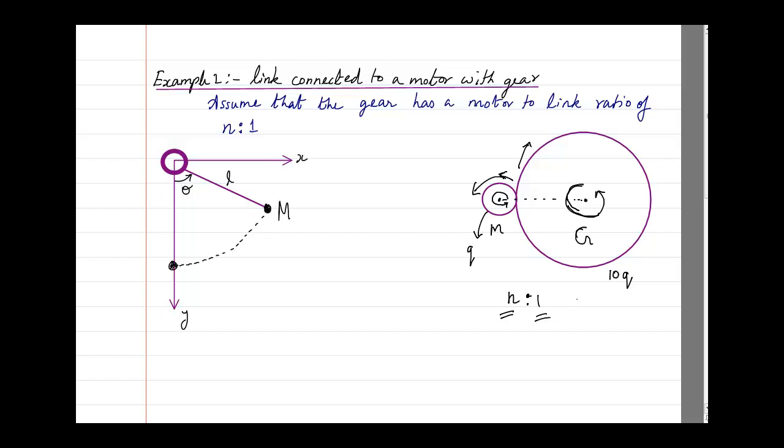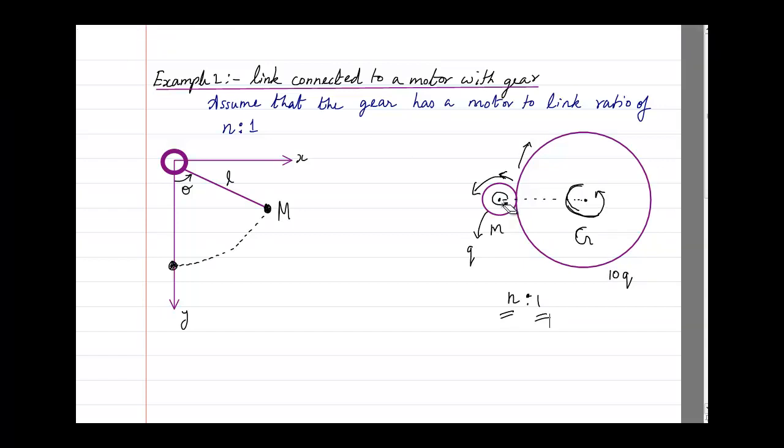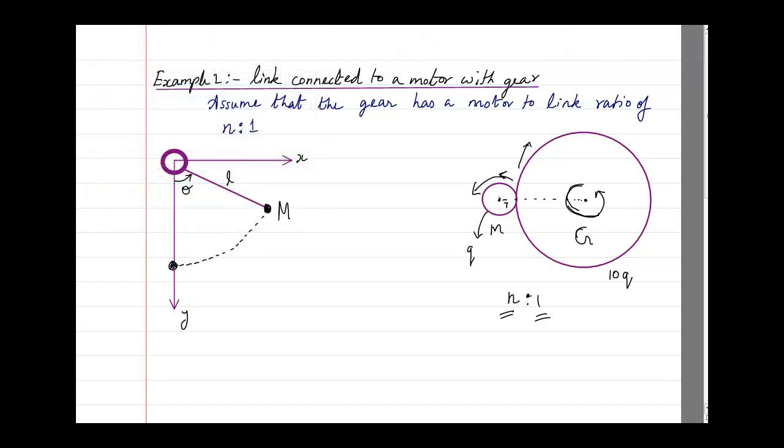The gear arrangement is such that the bigger circle will have one rotation when we have n rotations of the motor. In that case, consider the angle. Look at this carefully. For the motor, I am going to take the angle theta m. And the angle with which this is rotating, I take as theta l.